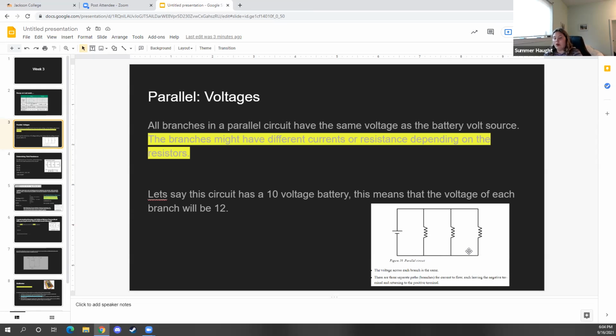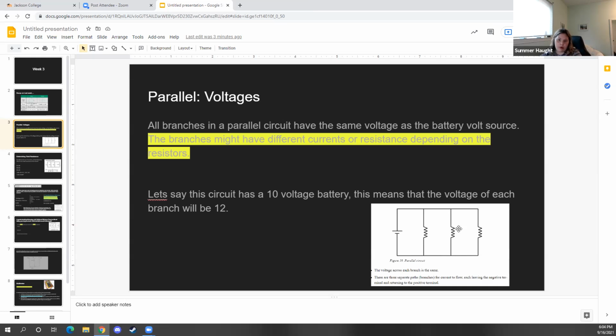We know by Ohm's law that current and resistance are related, and increasing or decreasing one is going to increase or decrease the other. Make sure you understand that, so that branches within one parallel circuit might have different currents or resistances depending on the resistors. We'll talk a little bit more at the end about how that's calculated.